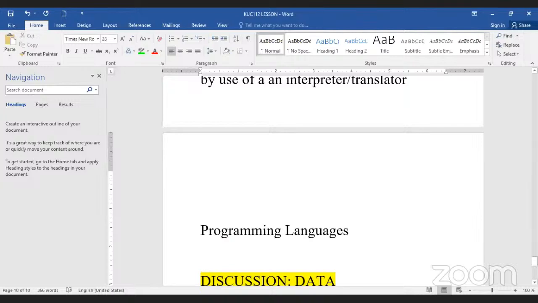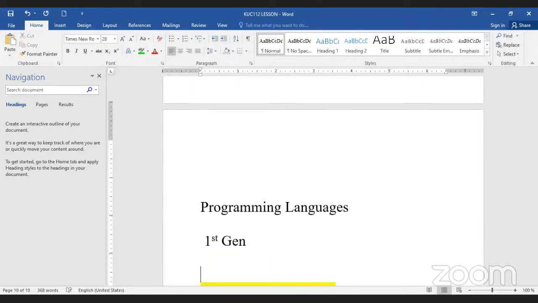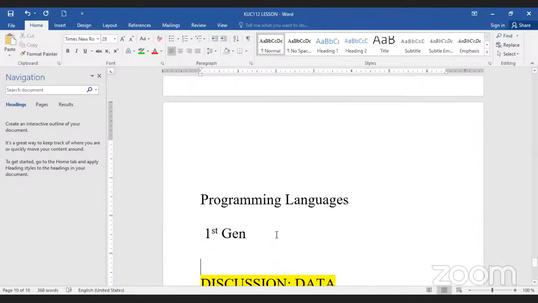So we can start with our first generation of computers. I don't know exactly which language the computer used, but I understand it used switches that turn on and off. Those are first generation computers that used vacuum tubes, right?